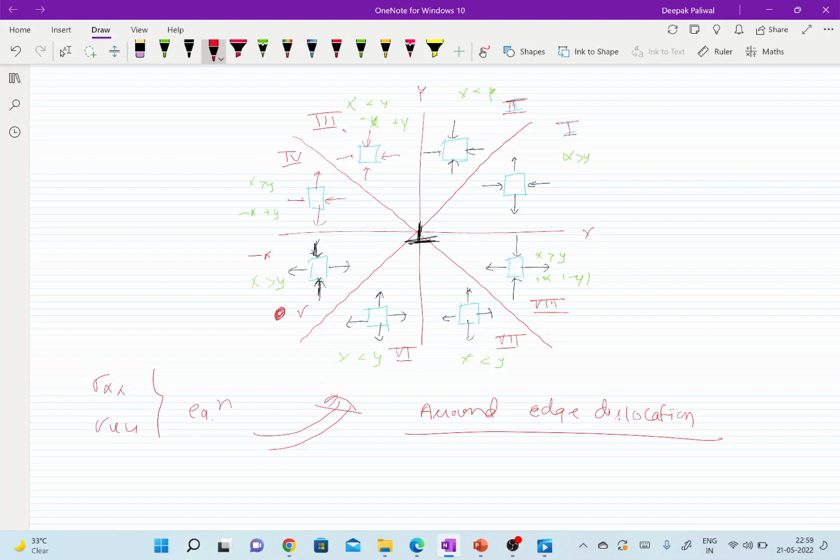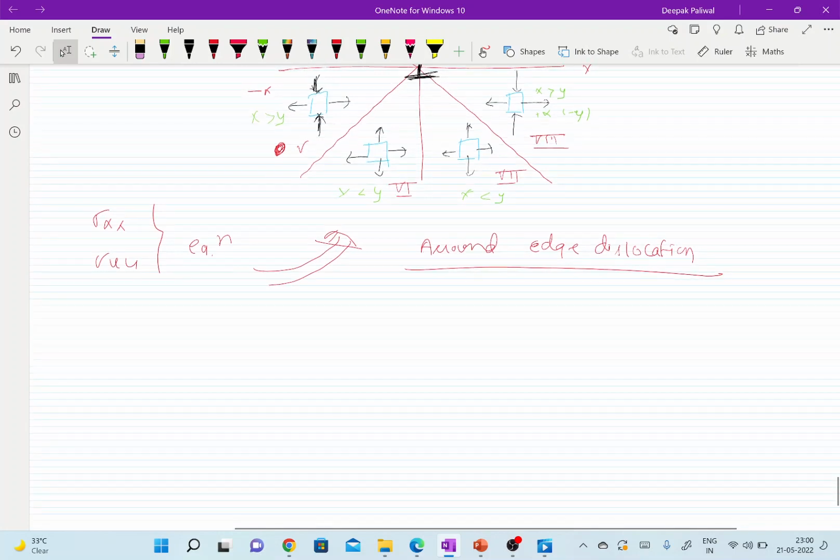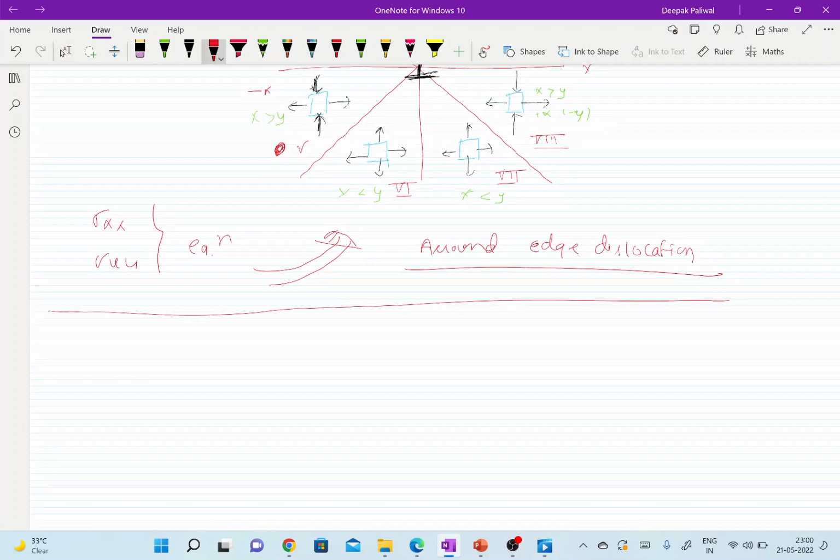Now we will understand the elastic energy. First we will try to understand the elastic energy in case of screw dislocation, then we will talk about the elastic energy for the edge dislocation.